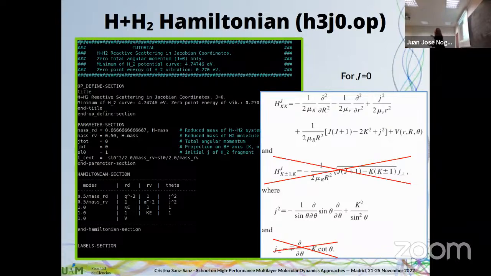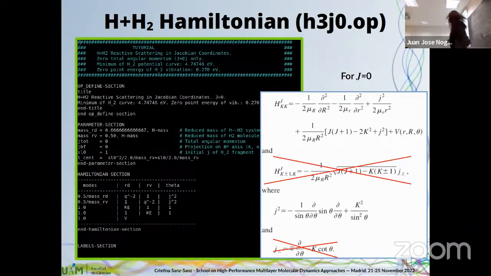If you don't close each of these sections with the end, the program will try to continue reading something in this section and it will crash, or at least give you some errors, okay?